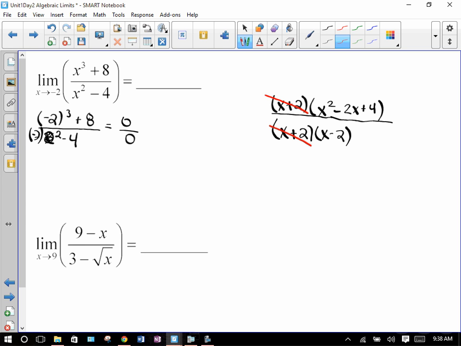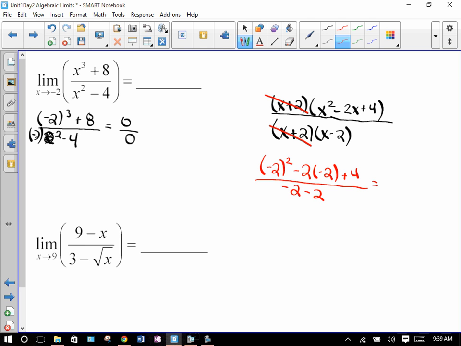We cancel out the issue that is giving us a 0 over 0. We're going to plug negative 2 in. So we're going to have negative 2 squared minus 2 times negative 2 plus 4, divided by negative 2 minus 2.